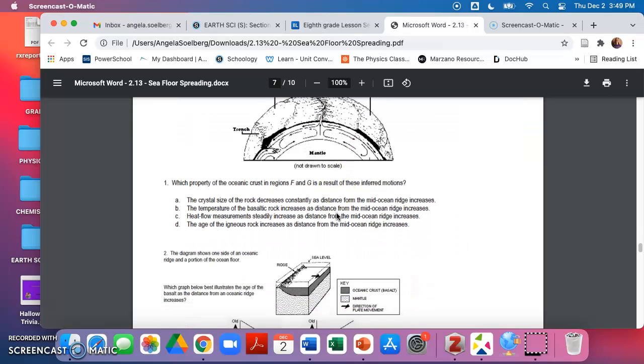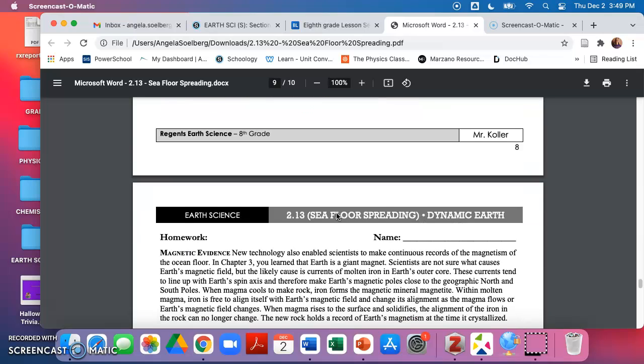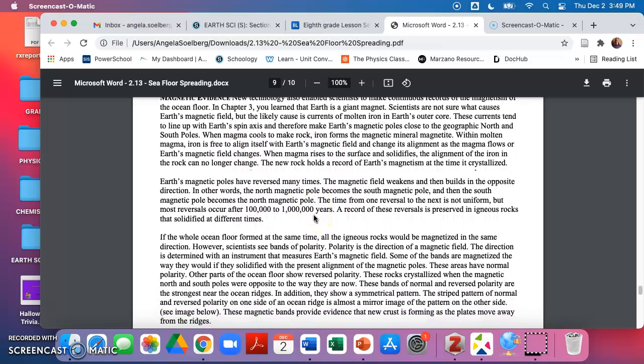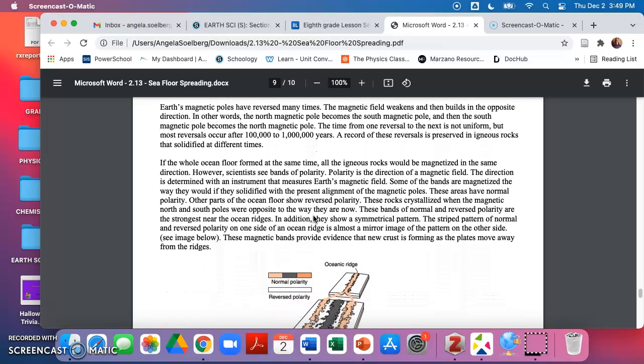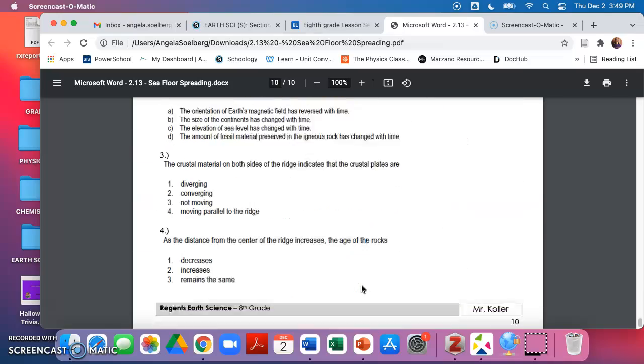These are some multiple choice questions for you to answer. And then on this page, yours might say homework on it, but it talks about magnetic evidence. This is going to help you answer that question number 1 if you're stuck. It's going to explain why we have that flipped polarity and how that helps support that we're getting new crust at that mid-oceanic ridge. Okay? And then there's a few more questions to answer.